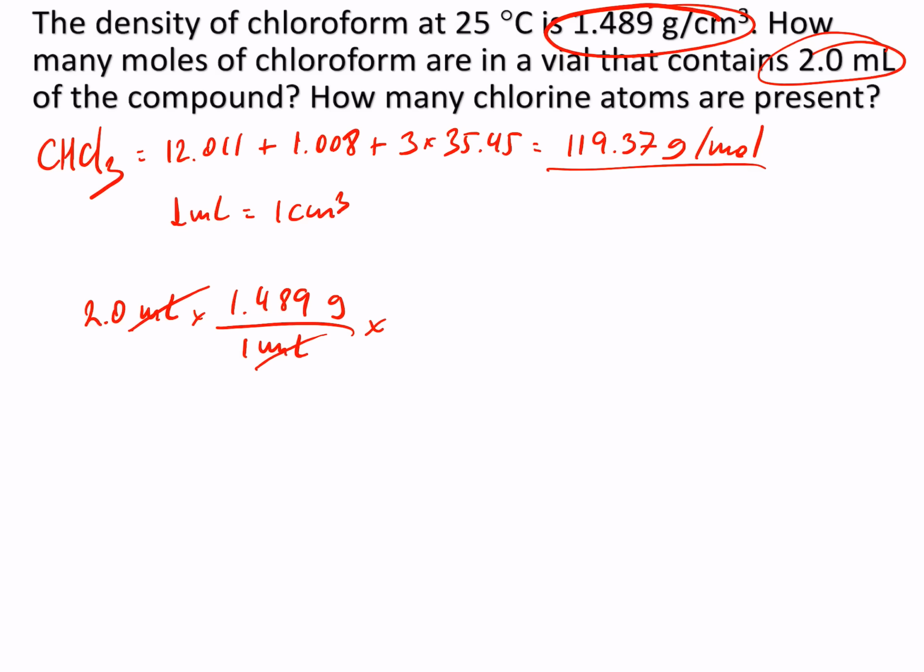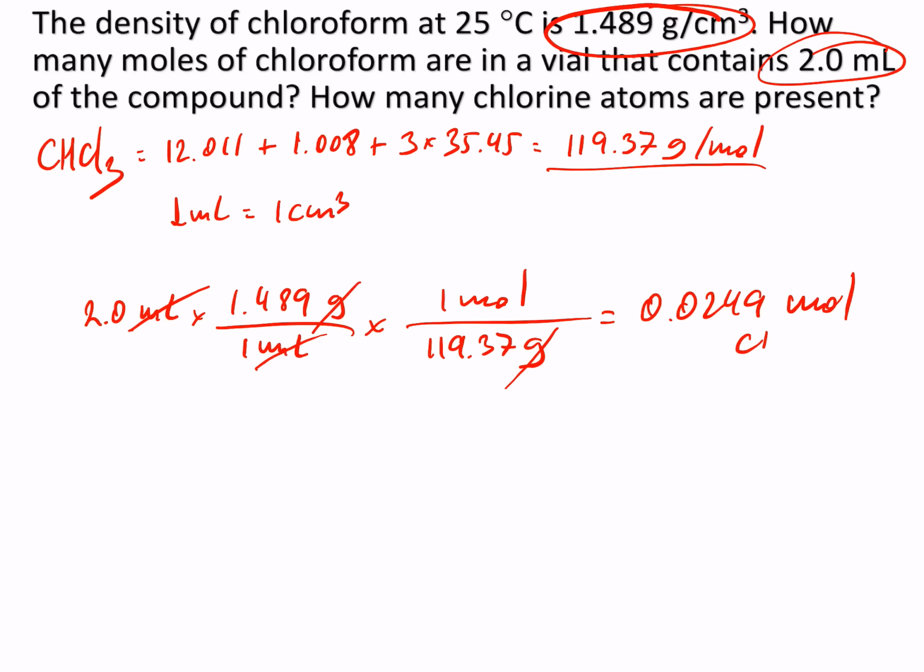And then at this point you have grams, that's the mass. With the molar mass, you obtain the number of moles. And that is 0.0249 moles of chloroform.